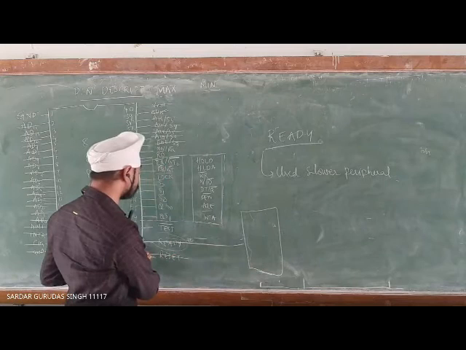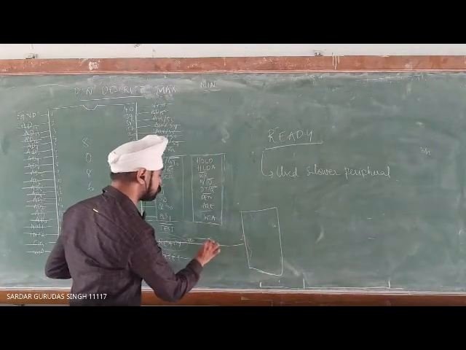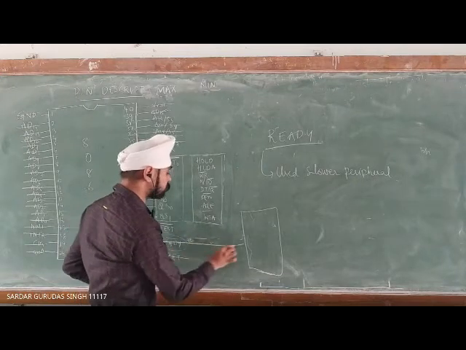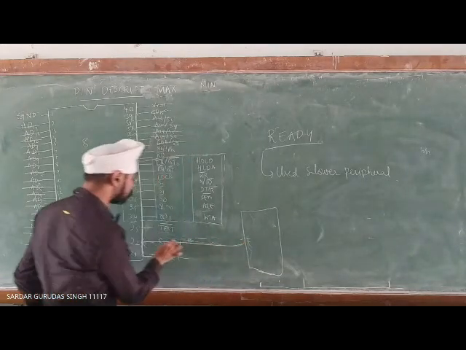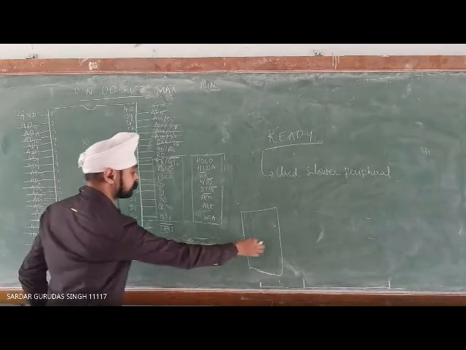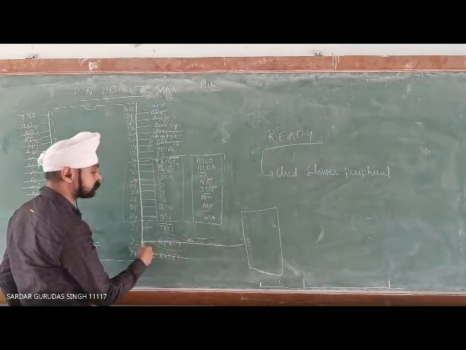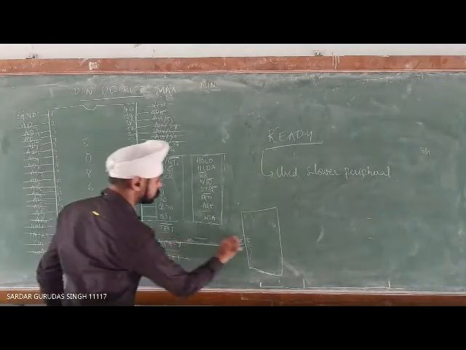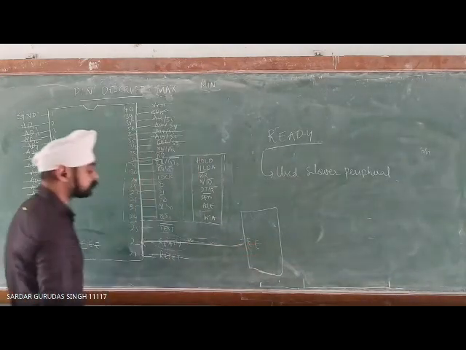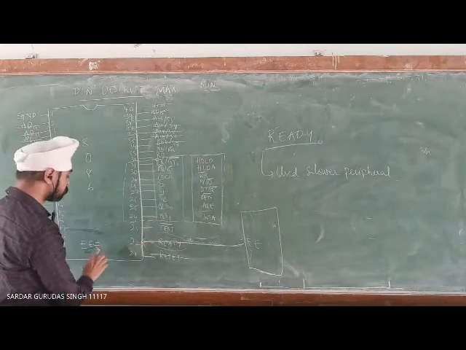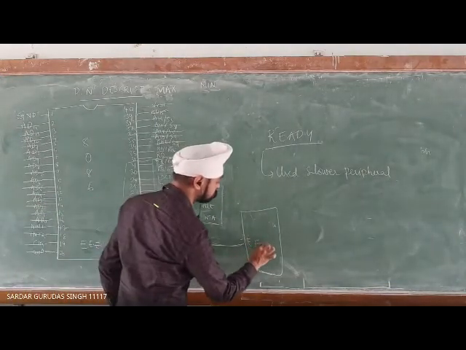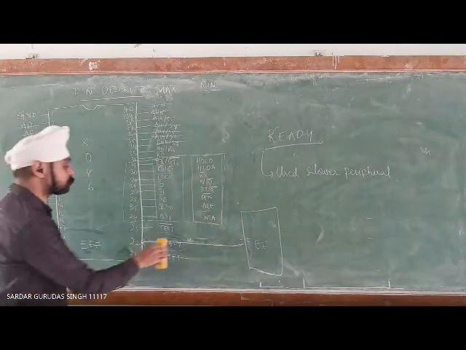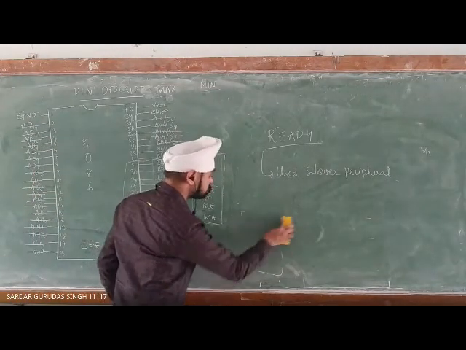Once it gets the ready signal, it will start to send E. It will wait until a ready signal is sent by the printer again, then it will send another E. Then again it waits for the ready signal, and if it is sent, it sends another E. So these are used by the slower peripheral.